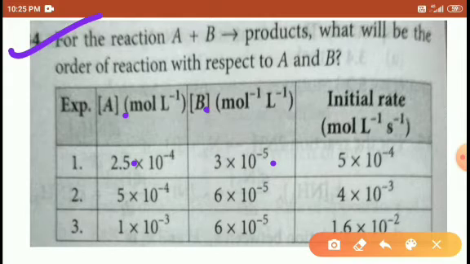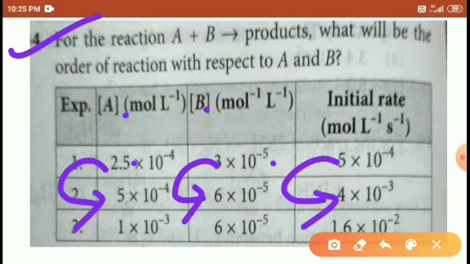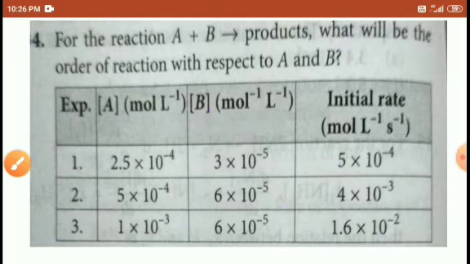Then the concentrations change to double: the A concentration doubles, the B concentration also doubles, then the rate changes to 4 into 10 to the power of minus 3, right students?